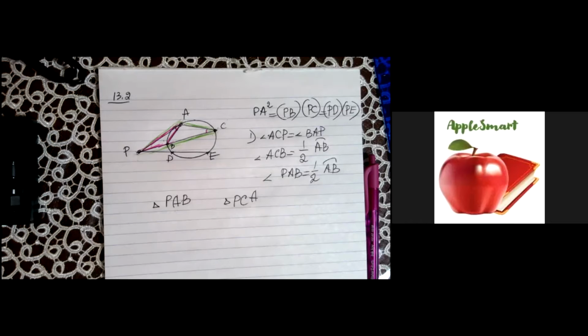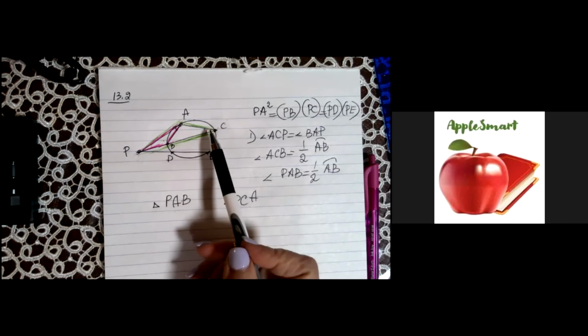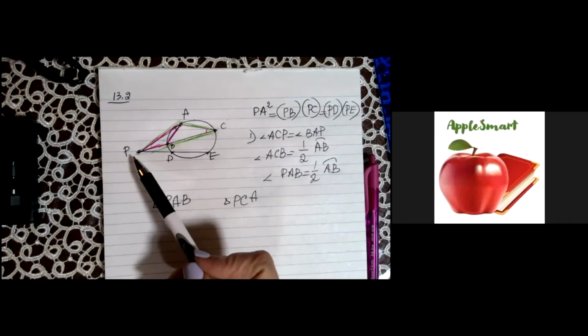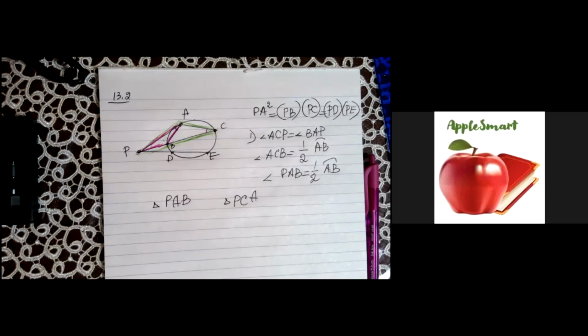It belongs to triangle PAC, and it also belongs to triangle PAB. Because it belongs to both triangles, we call it a common angle, and then obviously it's the same angle. So we do have two angles in one triangle equal to two angles in another triangle. That makes these two triangles similar.